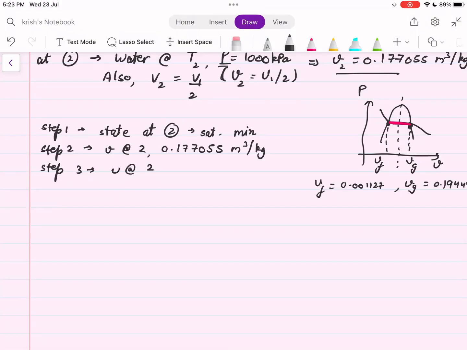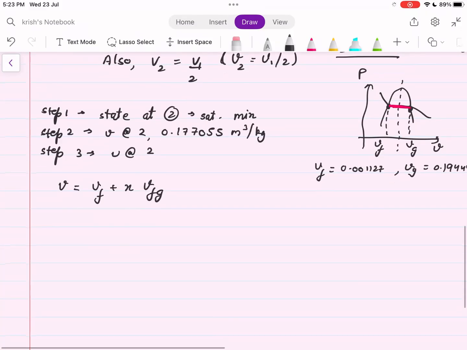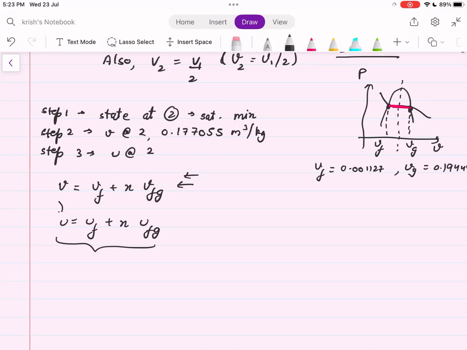If you remember, I taught you this formula. V equals to Vf plus x Vfg. Right. The same formula can be applied to U also. U equals to Uf plus x into Ufg. So in this equation, we have to find this and we have to find this.